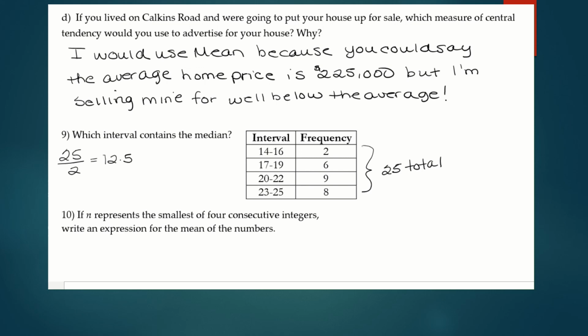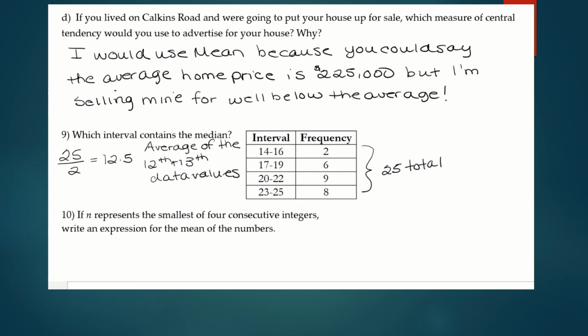So that means the median is the average of the 12th and 13th data values.